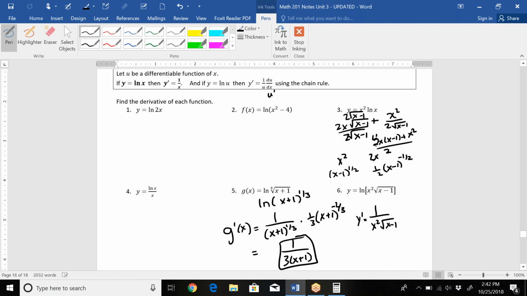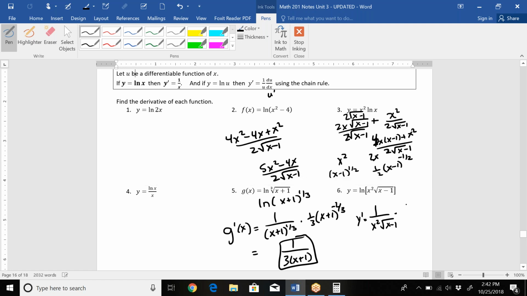It's going to be a 4, because this guy has a 2 in his denominator. So over 2 square root of x minus 1. So I'm kind of running out of room there. That's 4x squared minus 4x plus x squared over 2 square root of x minus 1. That's 5x squared minus 4x over 2 square root of x minus 1.